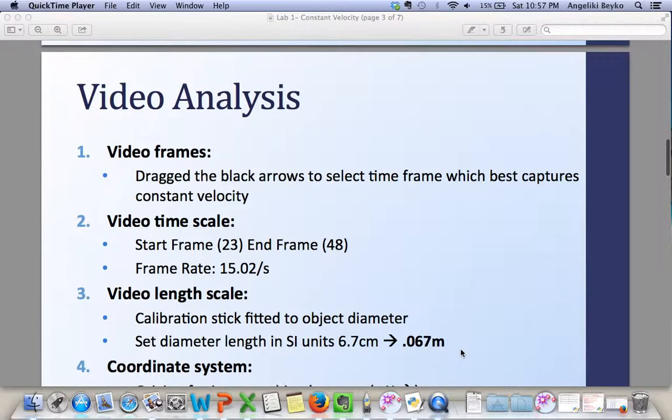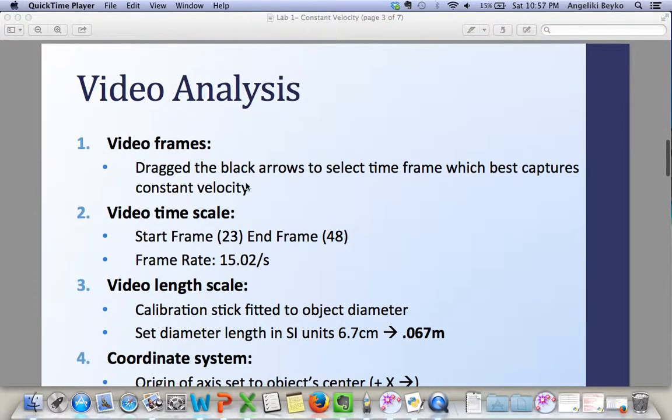So first step is video analysis. To do this, first I selected the time frame for the video which best captured constant velocity. The start frame is 23, end frame 48, and the frame rate is 15.02 frames per second.